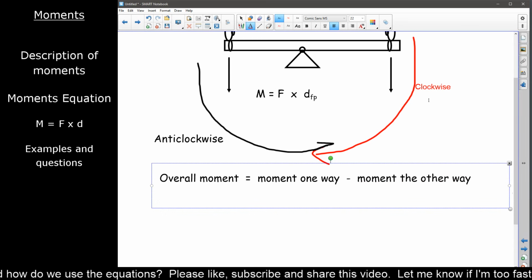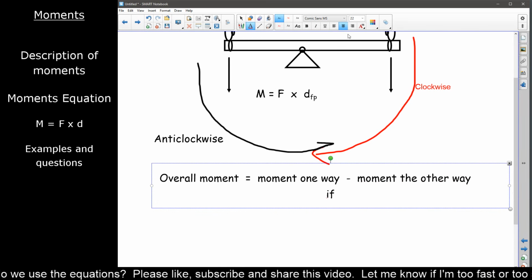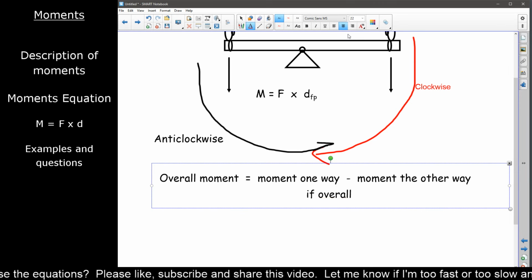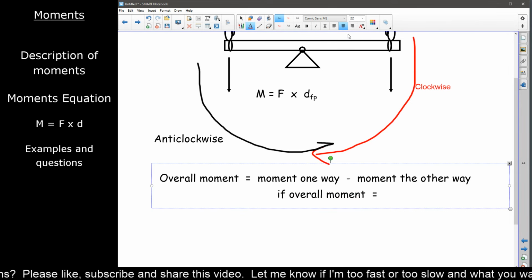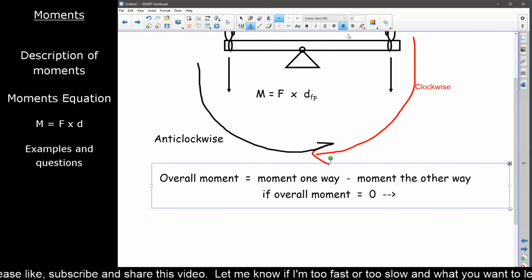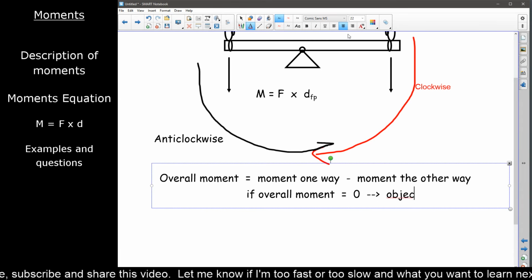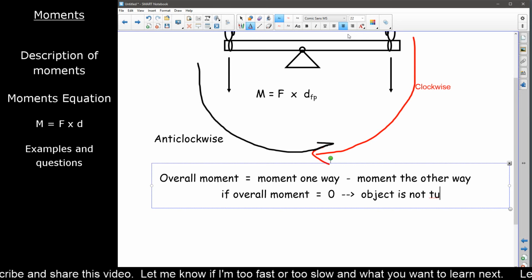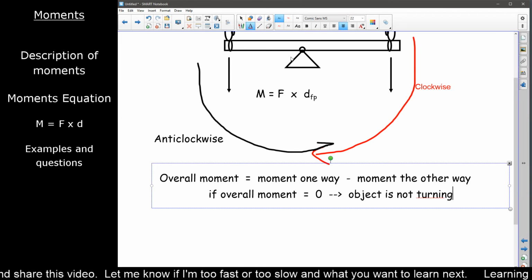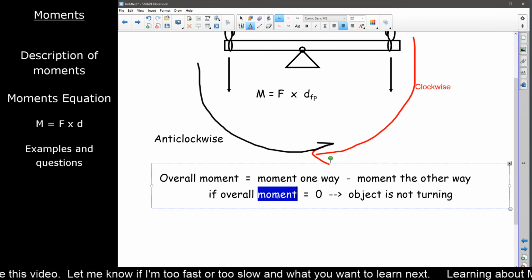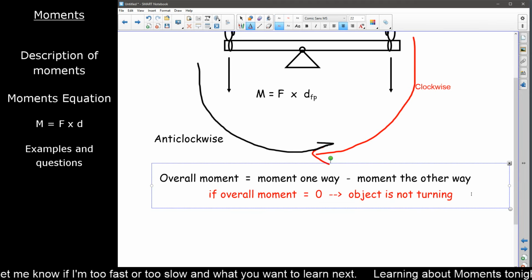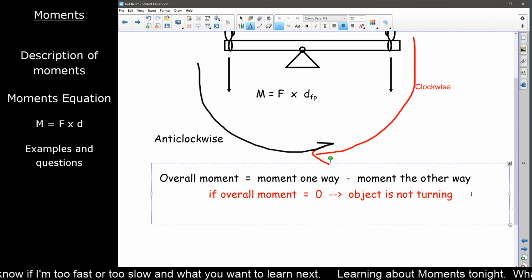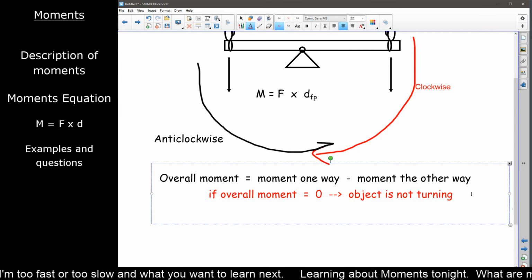And critically, if the overall moment equals 0, then we can say that the object is not turning. That's kind of obvious. I hope that's obvious anyway, because your moment one way will totally cancel the moment the other way.